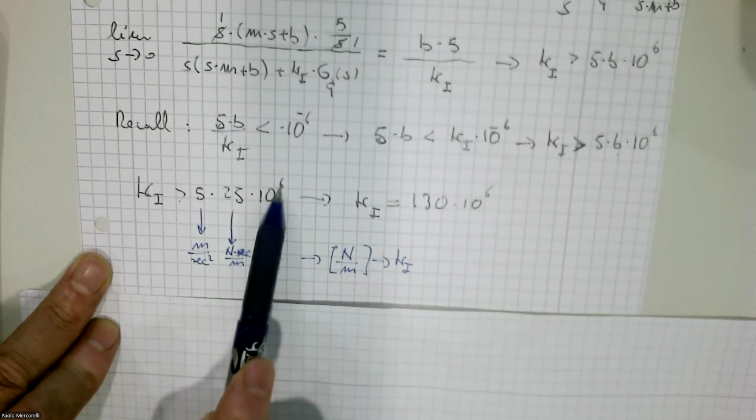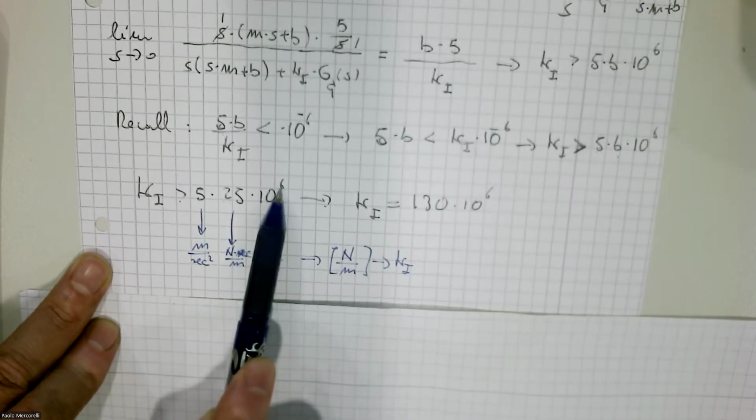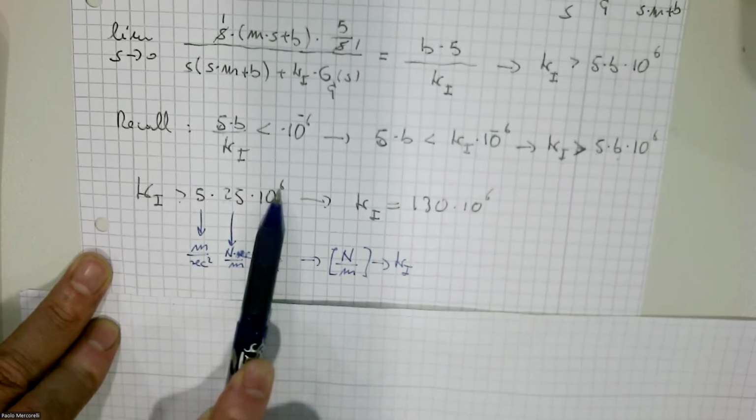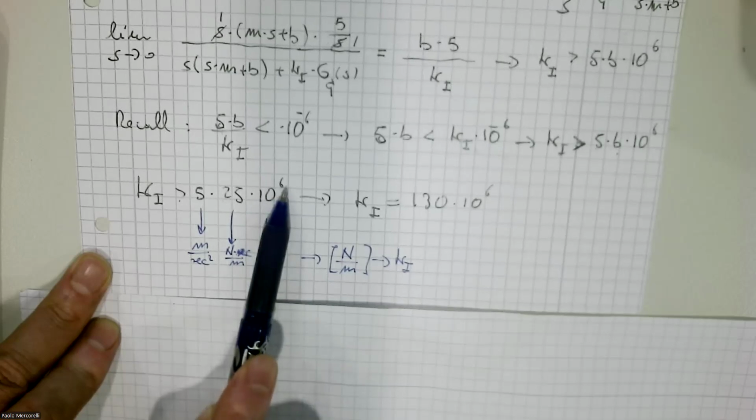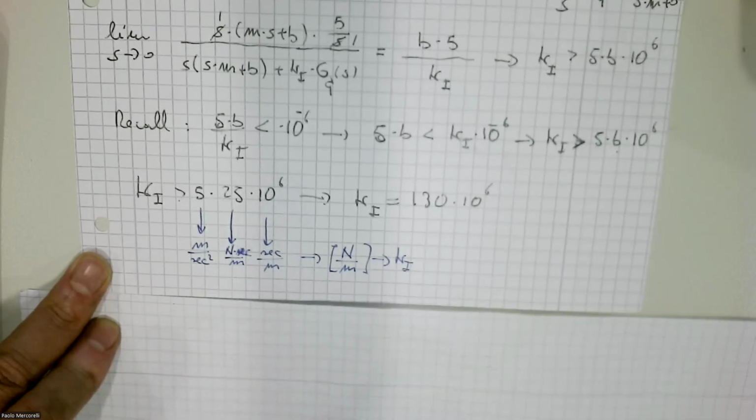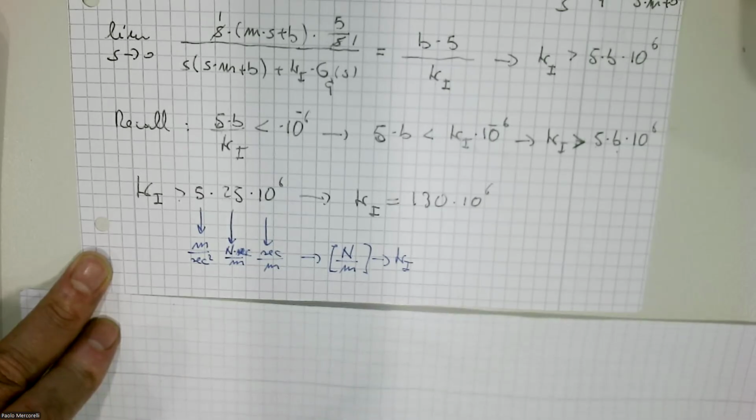This means that if the specification instead of 10 to the minus 6 is 10 to the minus 2, we have here 10 to the 2. Just to understand, this should be possible. This realization should be possible.